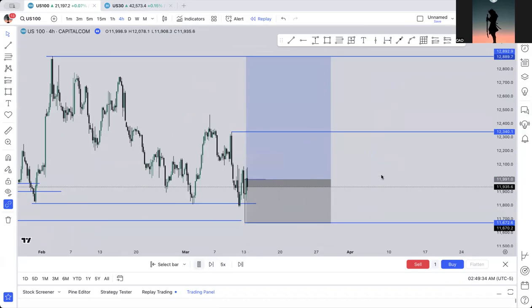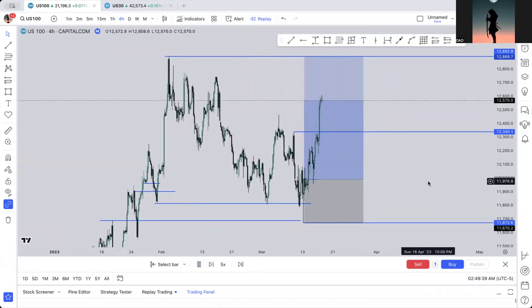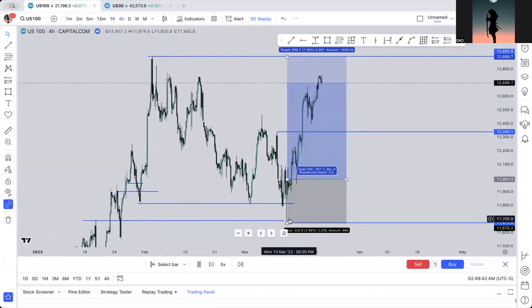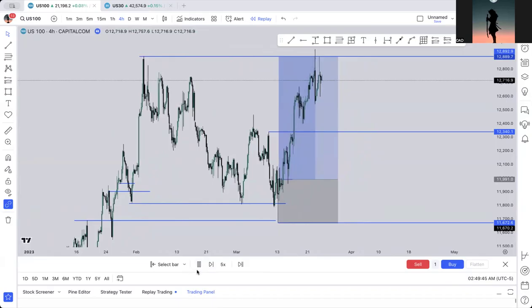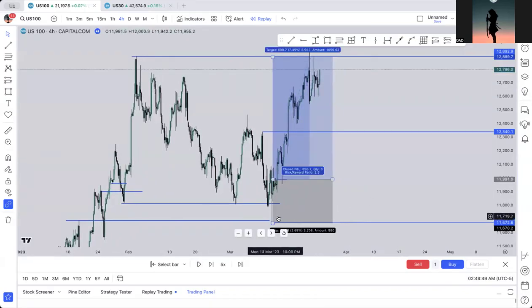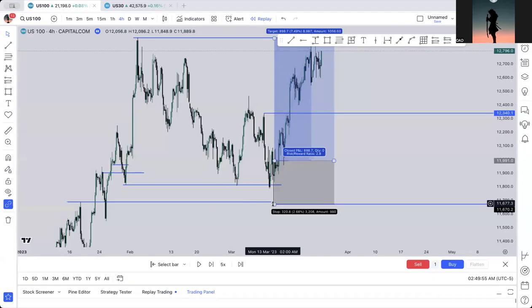Let's play the bars. You can see immediately price has efficiently rebalanced. So we don't have any business anymore to fear this low because this low is now protected. Price has efficiently rebalanced that gap, right?